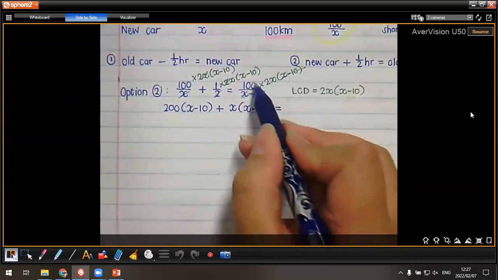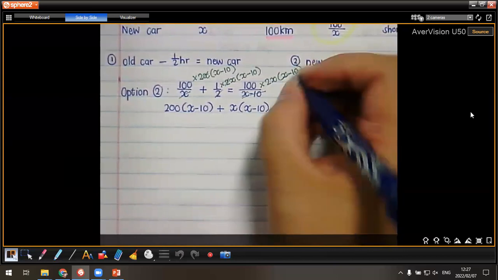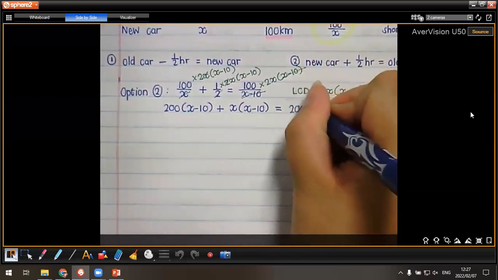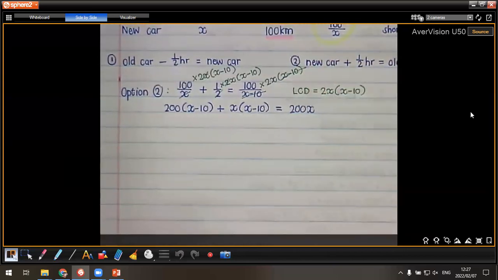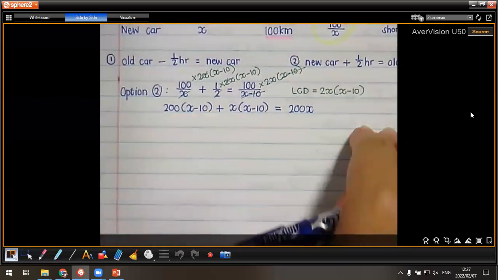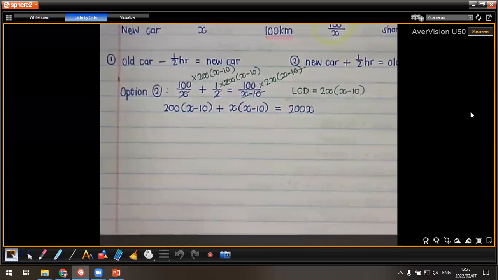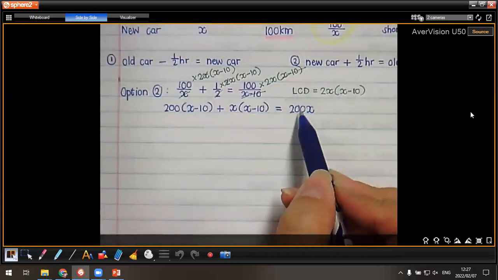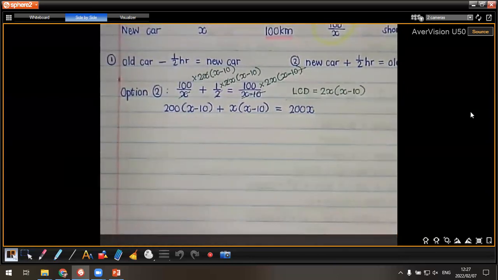So what am I left with? 100 times 2x. 200x, right? And then your homework is to solve for x in this equation, please. You're going to multiply the brackets out, get everything on one side, equal to 0, and solve for x. Remember that x is a speed. So x can't be negative, right? Okay, that is your homework, guys. That's all you need to do for tomorrow.